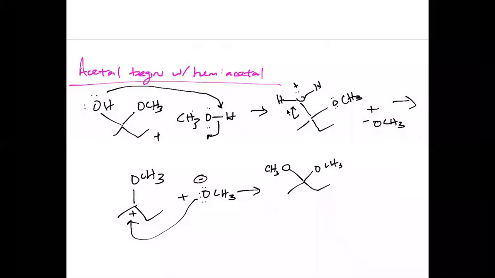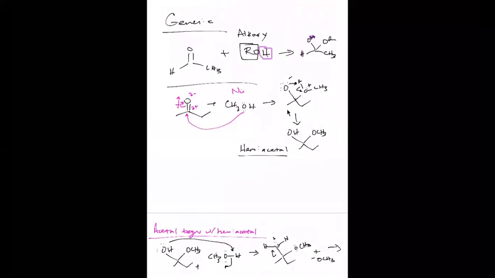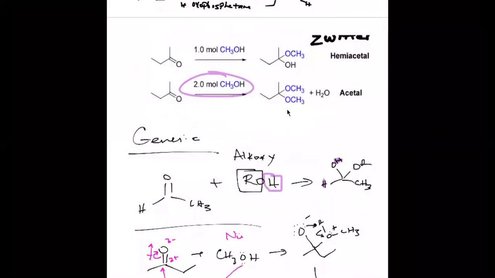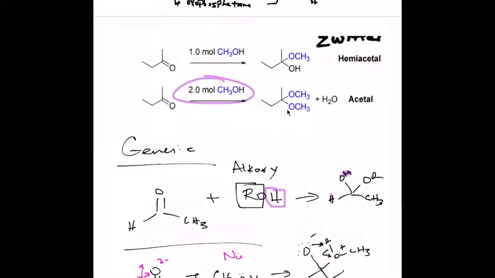So the hemiacetal you make by using 1 mole of alcohol plus a ketone or aldehyde, and then the acetal you make by using 2 moles, right? And you can see the difference in the two products, right?